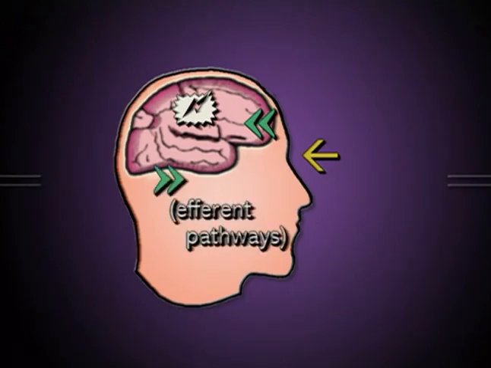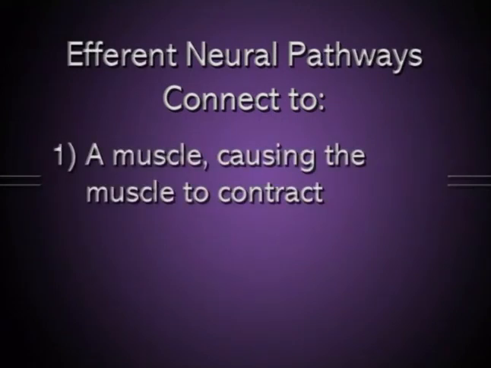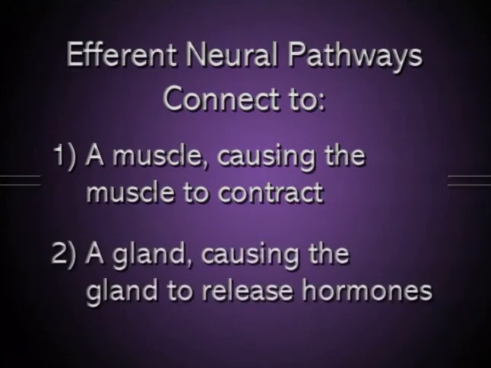From there, a signal is sent out on efferent or outgoing neural pathways that are connected to only two types of places in the organism. First, a connection can be made to a muscle, causing the muscle to contract. Second, an efferent connection can be made to a gland, causing the gland to release hormones.